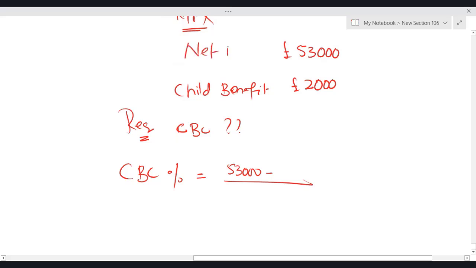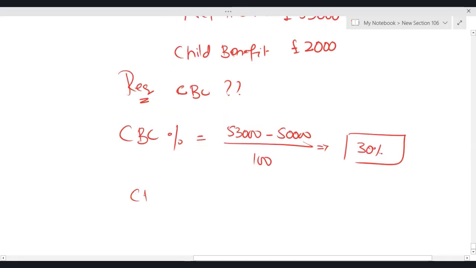Let's say this is your net income, and the same income becomes your adjusted net income. 53,000 minus 50,000, divided by 100. Whatever comes, it will be taken as a percentage. So I hope it is 30%. If it is 30%, then the CBC charge amount will be 2,000 into 30%. It is 600. What this 600 does, it will increase income tax liability.